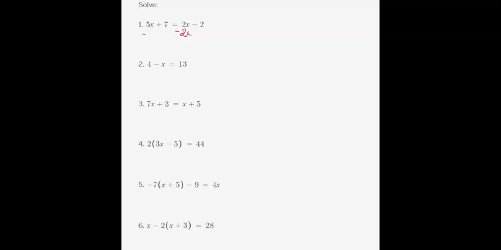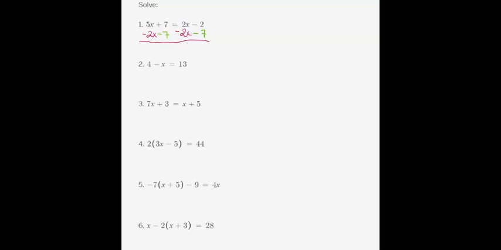So I'm going to do the same thing to both sides so it stays balanced. And then at the same time, I'm going to add or subtract, actually, 7 from both sides because I'm moving the constant. Because whatever I do to one side, I'm going to do to the other. Keep it balanced.